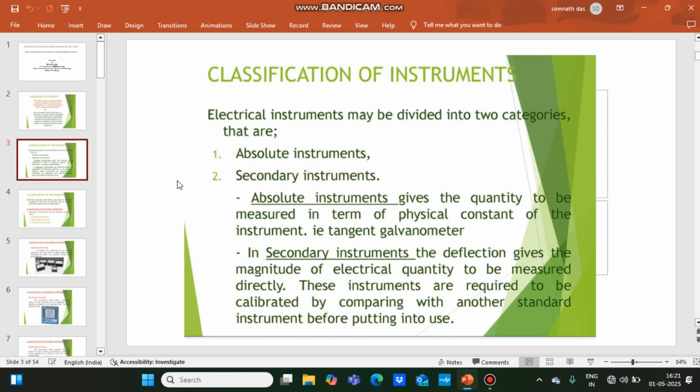That means we can directly read the value from the display of the instrument. These instruments are to be calibrated before they are put into use, and this calibration is made by comparing with some standard instrument or some secondary instrument which has been calibrated before.